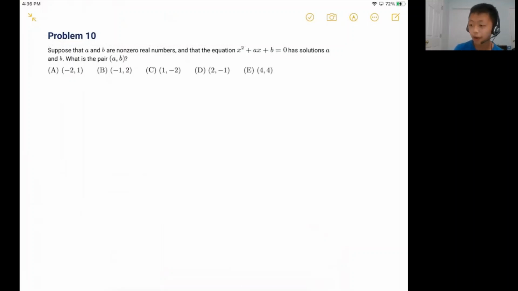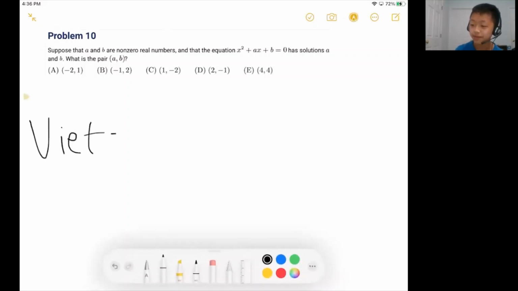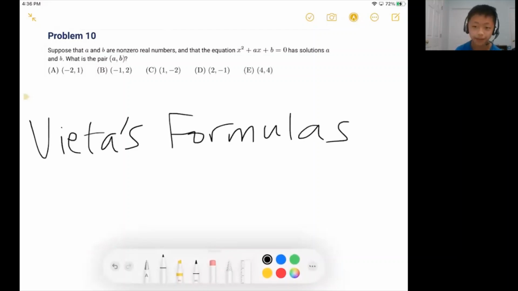There are two ways to do this problem, I think, but I'll just show the easier way. There's something called Vieta's formulas, which is a very important algebra trick.